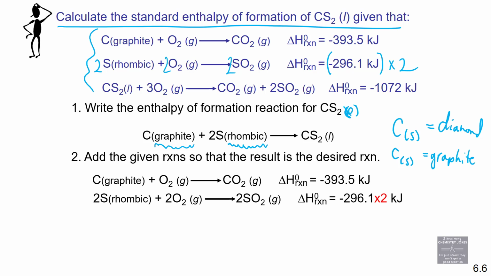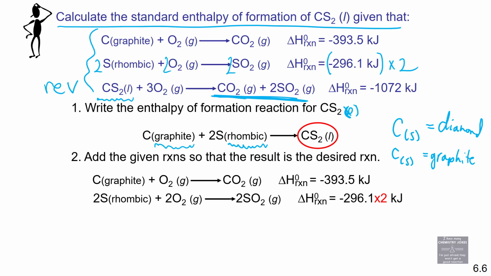So that gets me this. And finally, there's my S rhombic in the right ratio. And finally, my CS2 liquid is a product. And in this equation, there it is as a reactant. So that means I need to reverse this whole equation, where CO2 and SO2 are reactants, and CS2 liquid is a product.